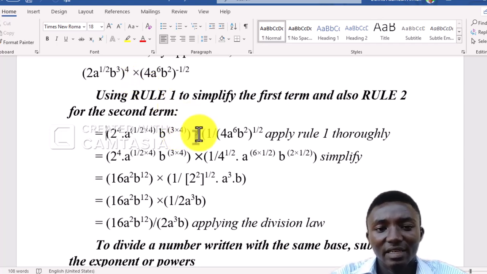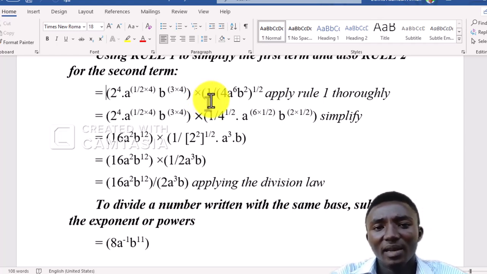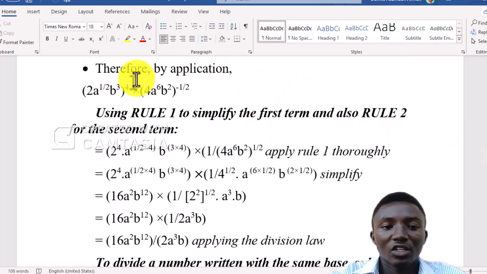Now let's bring our multiplication sign here. Alright, so let's continue. Bringing our multiplication sign here, it becomes the next expression. Don't forget, initially we are going to apply the second rule here. For the second term, the power in the question was negative in this form.